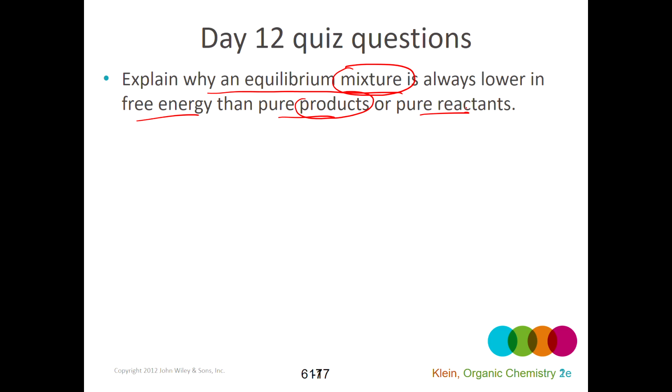And that's not favored. So that might be a situation where I end up with almost exclusively products, but there's at least going to be some reactants to increase that variety. If everything were to shift 100% to one side, it's just not going to create as much entropy or variety than there would be if there was at least some degree of a mixture.